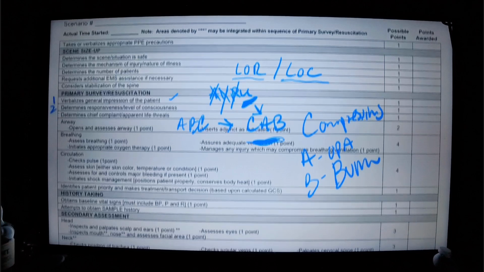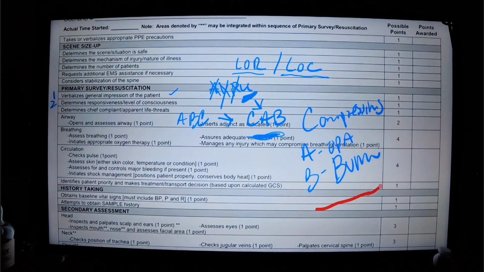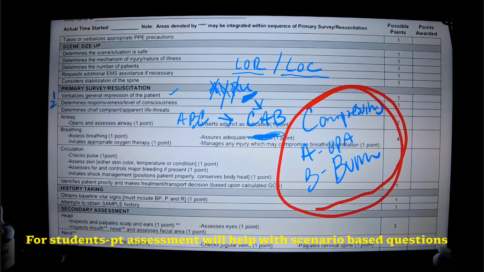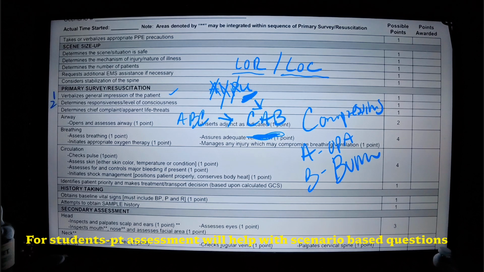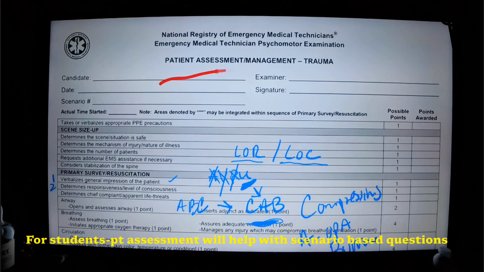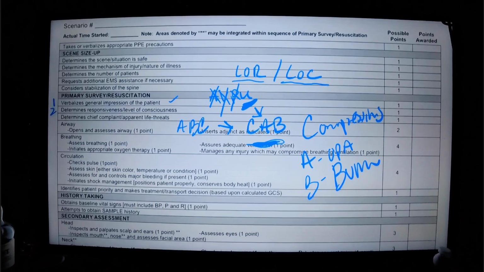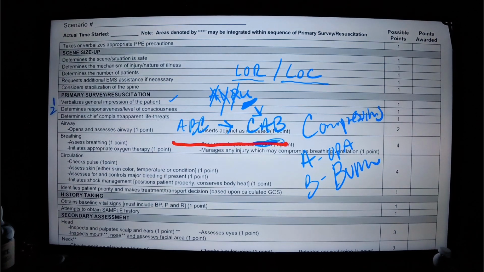And this is where we go back to this lesson right here. Without patient assessment, we wouldn't know this, and we wouldn't know what treatments to give. All right? Understand? That's simple.